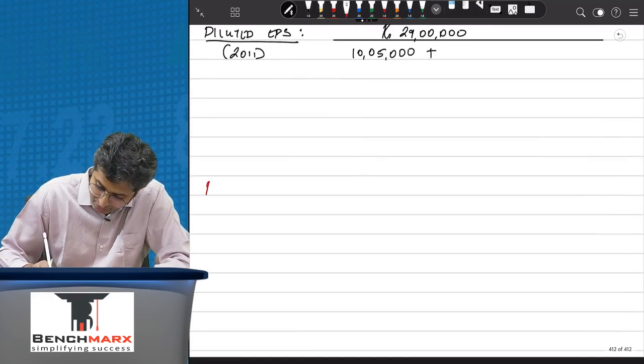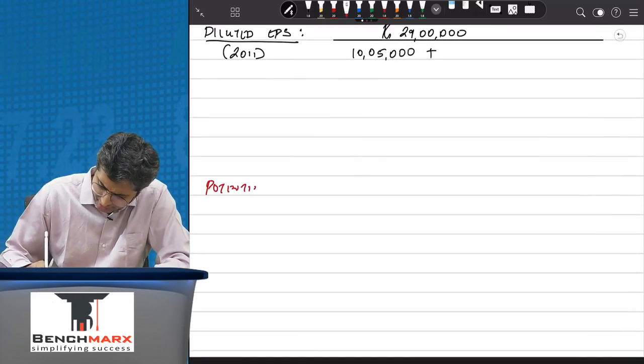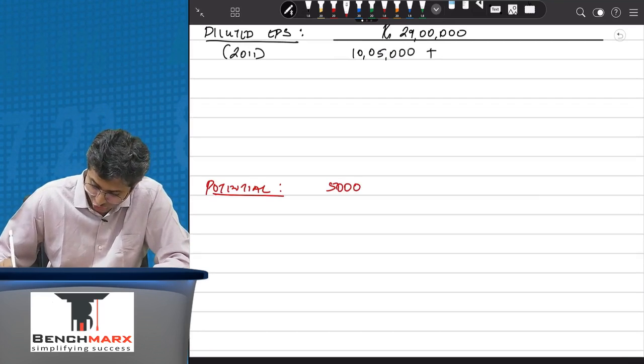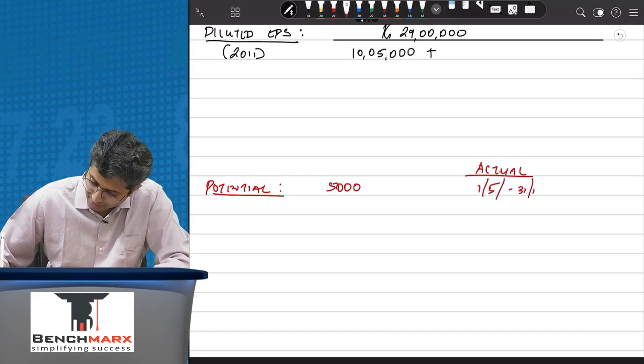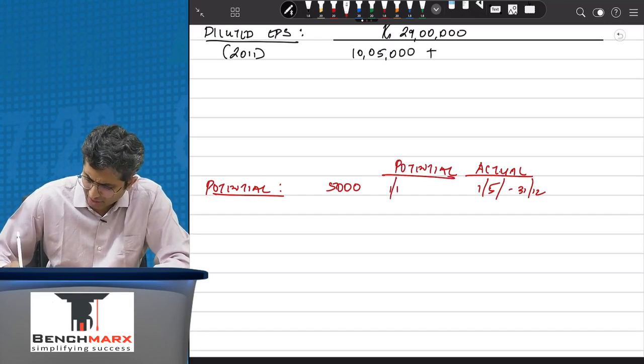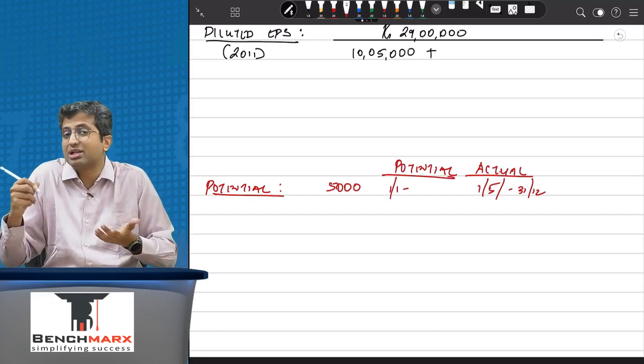So if I look at the potential shares for the retail contingency, the first 5,000 shares are actual from 1st May to 31st December. However, for the first 4 months, they will remain potential because a contingency agreement has been signed.